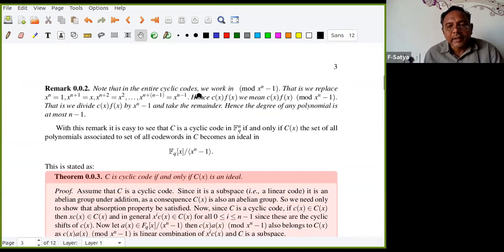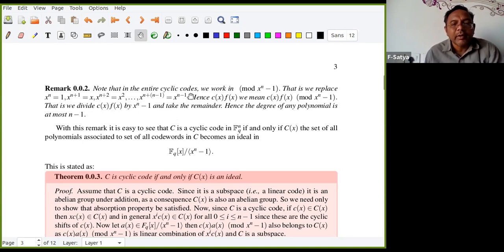Note that in the entire theory of cyclic codes, we work mod x^n minus 1. That is, we replace x^n by 1, x^{n+1} by x, and so on. Hence, by C of x into f of x, we mean C of x into f of x modulo x^n minus 1. That is, we divide C of x into f of x by x^n minus 1 and take the remainder.